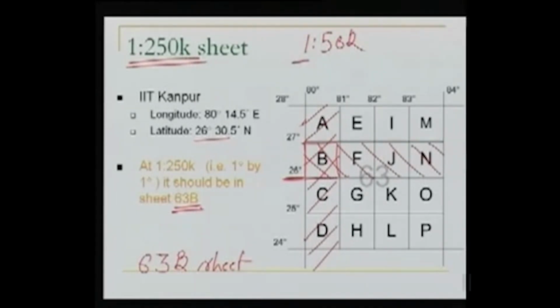Well, we may like to purchase a map at 1:50,000. So as per the system we follow, we will divide this area into a further 16 parts, as you can see over here, and these are given numbers 1, 2 up to 16. Then we will see where this longitude and latitude are.